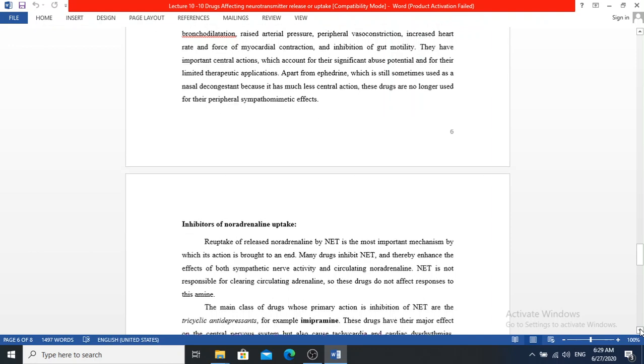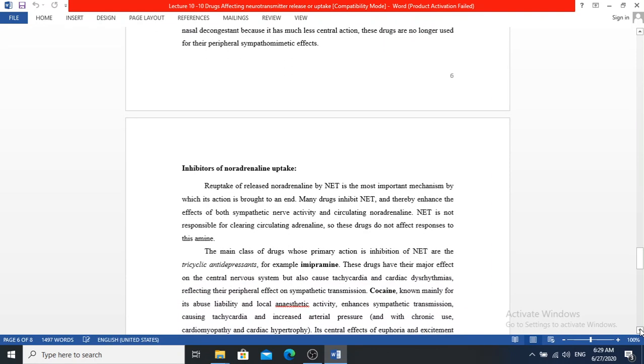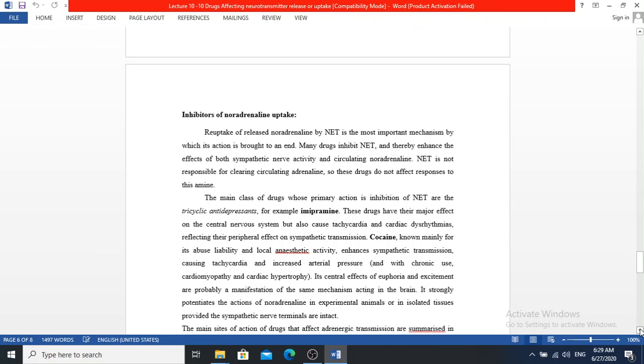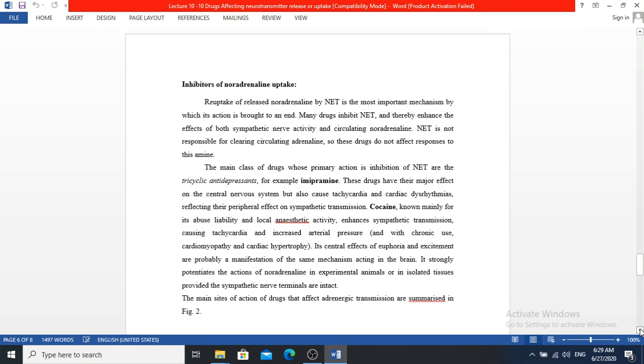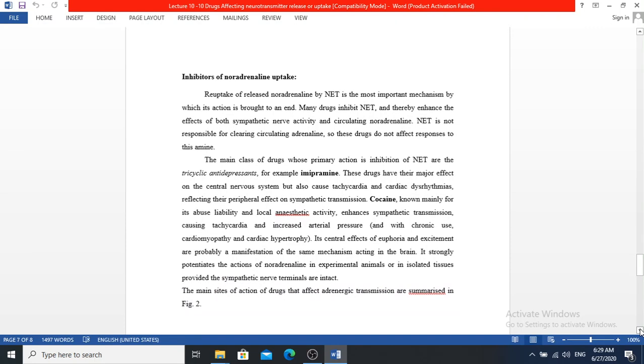Inhibitors of noradrenaline reuptake: reuptake of released noradrenaline by NET is the most important mechanism by which its action is brought to an end.